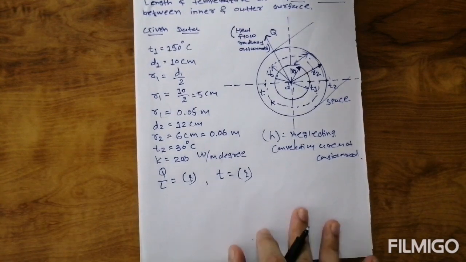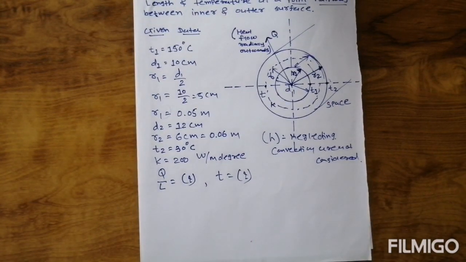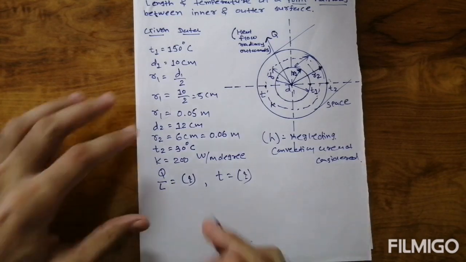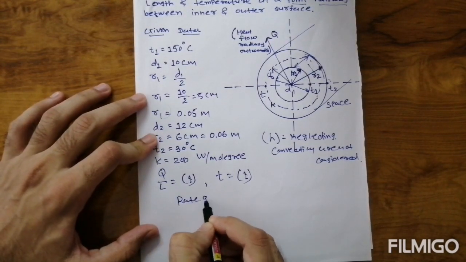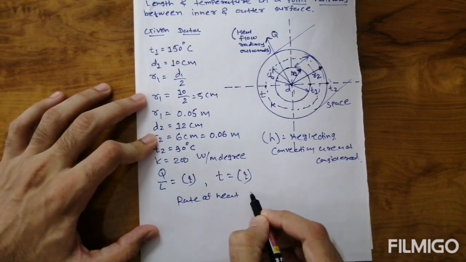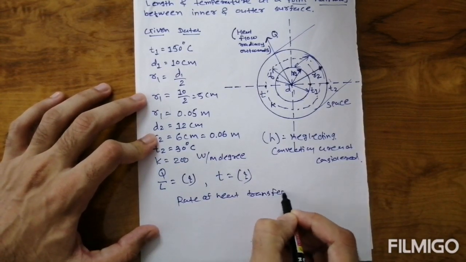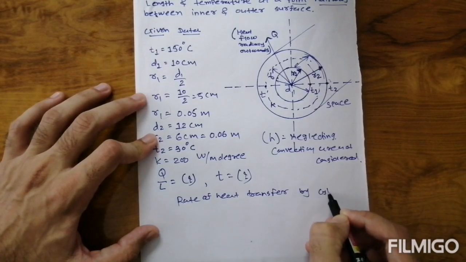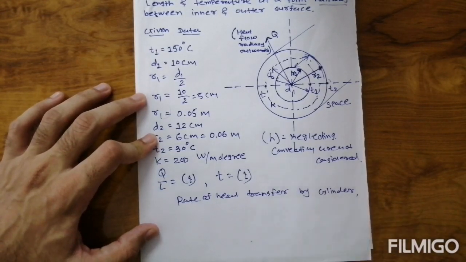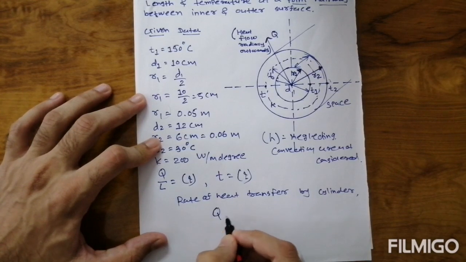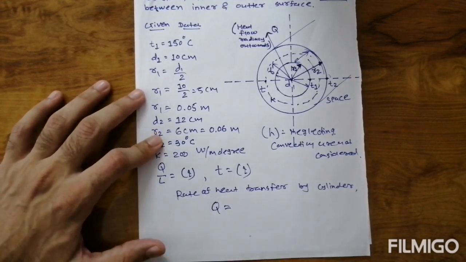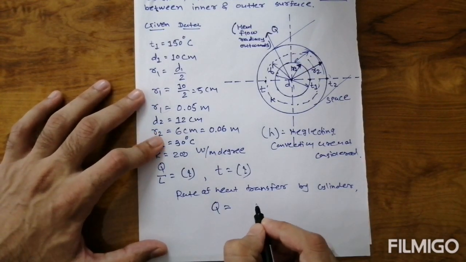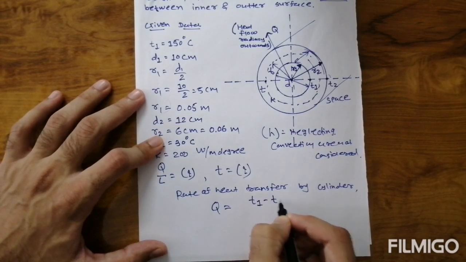Now how do we start the example? First of all, the rate of heat transfer will be determined. We already derived the theory for the hollow cylinder in the previous lecture. So first of all, we consider the rate of heat transfer by the hollow cylinder. Already we derived that equation: Q is equal to the temperature difference T1 minus T2.